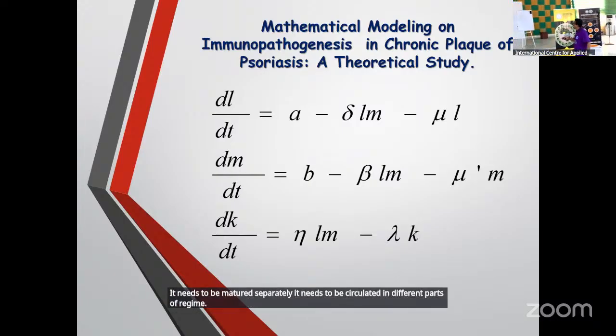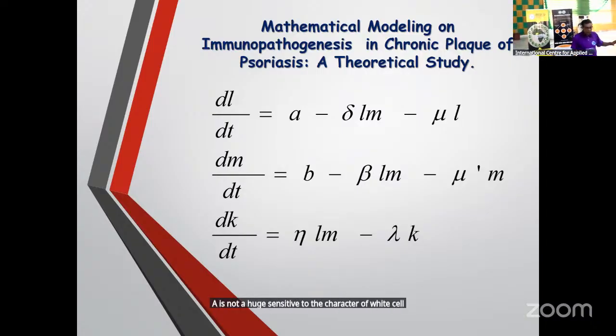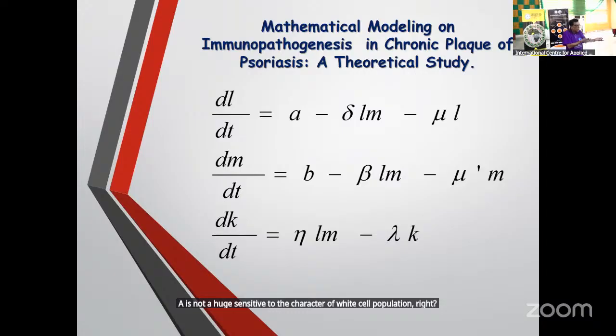So we have considered T cells and dendritic cells, and K is not an immune cell, it is the keratinocyte cell population, right? We have the layers, epidermal layer and dermal layer. Probably you know that the upper portion is the keratinocyte cell population. Below that, the epidermal layer. Below that, the dermal. So all these are the skin.